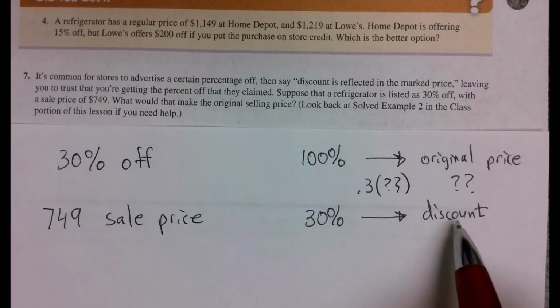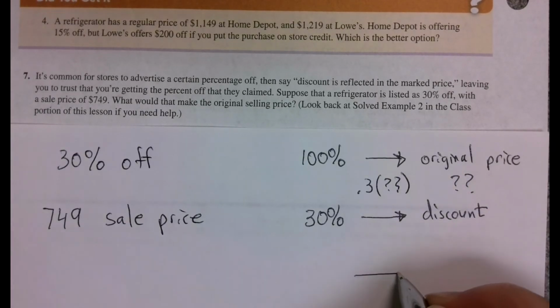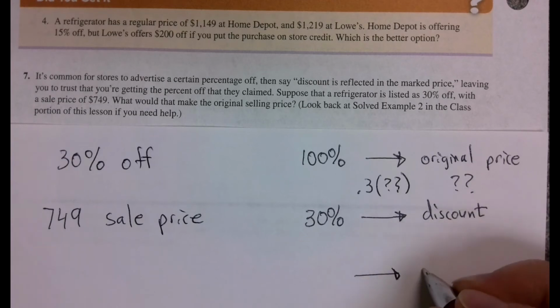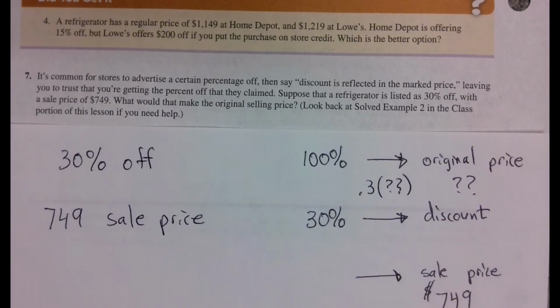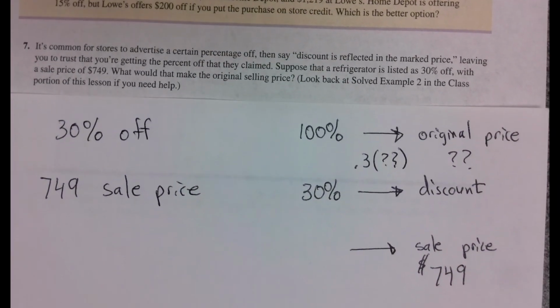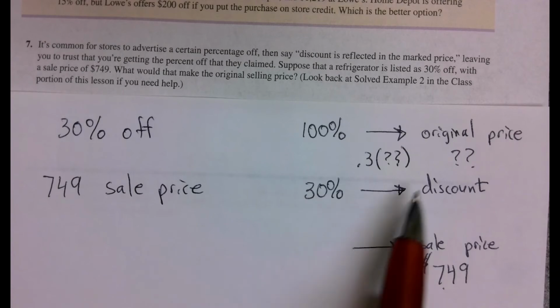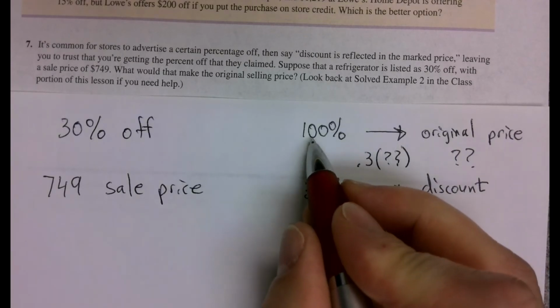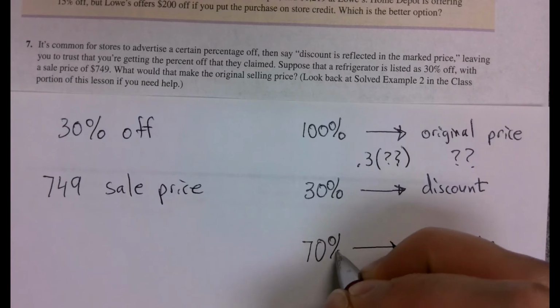If we knew that discount amount, we'd subtract it from this original price and we'd get the sale price. Well, the sale price we happen to know. In other words, the price we pay at the counter, that's $7.49. Now, if we think carefully about what this means, this price represents 70% of the original because we took 100%, took away from it 30%, and we got 70%.